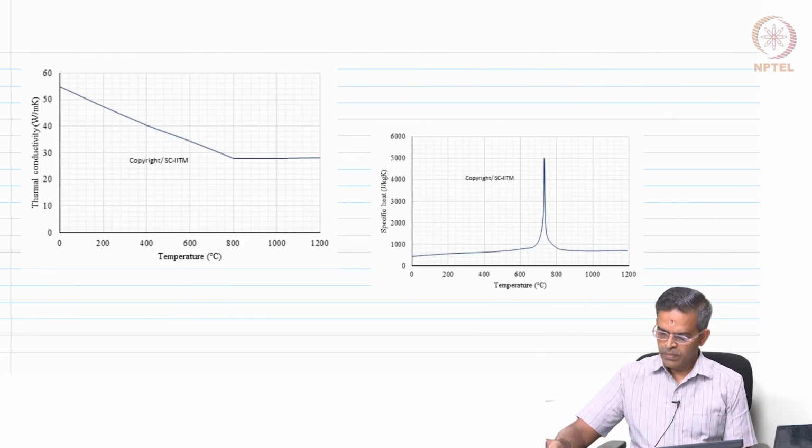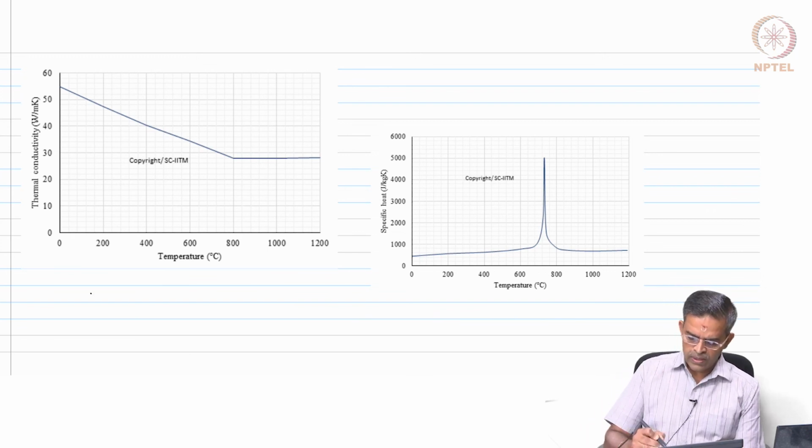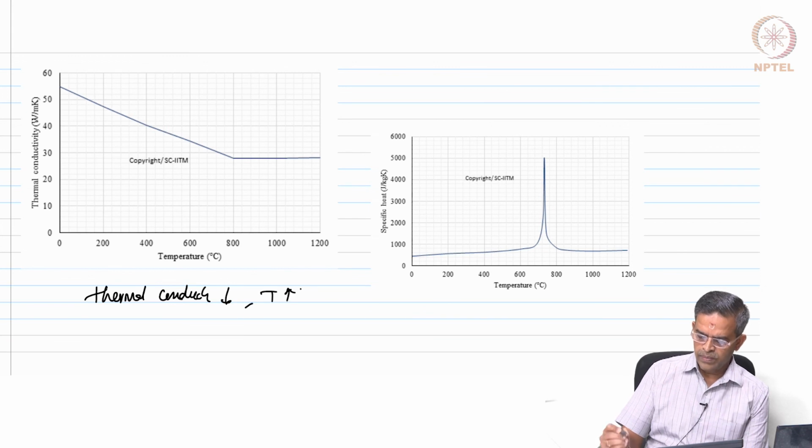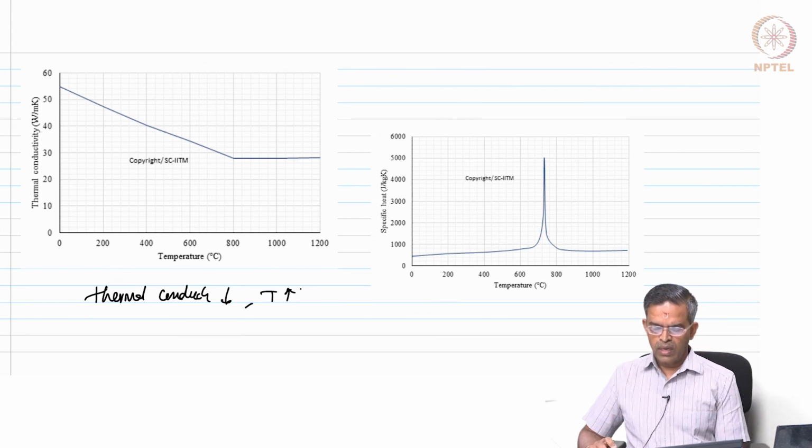Furthermore, if you look at thermal conductivity of steel, it also decreases with increase in temperature, and beyond 800 degrees Celsius it remains constant.